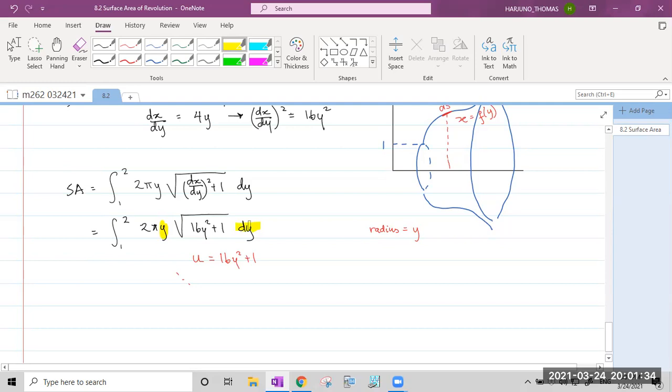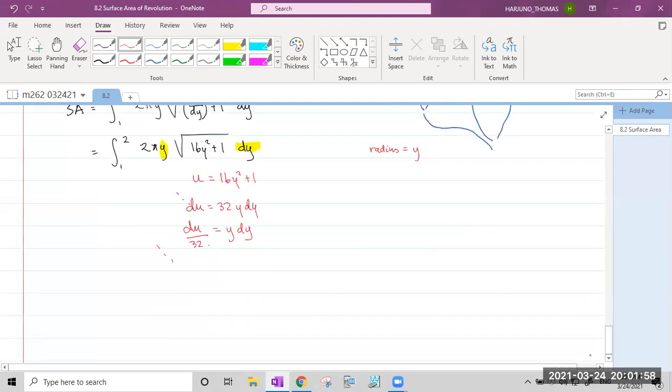You see what I mean? So du equals 32y dy, so y dy later on will be substituted by du over 32. Okay, now you do it yourself from there.